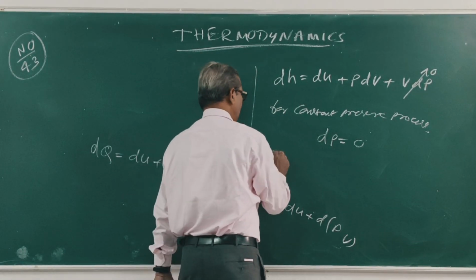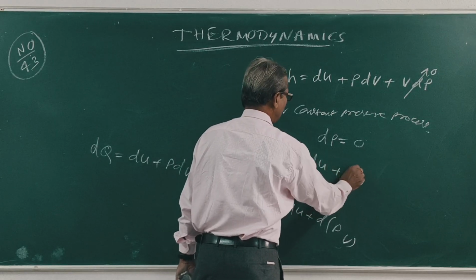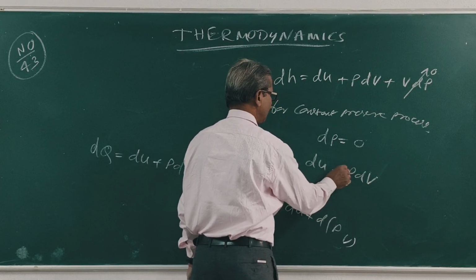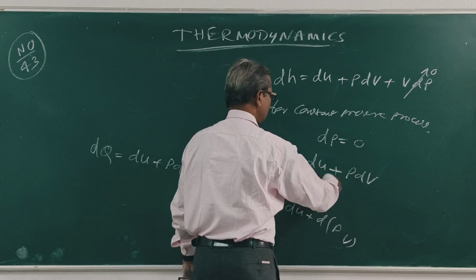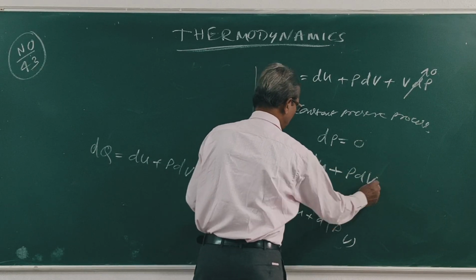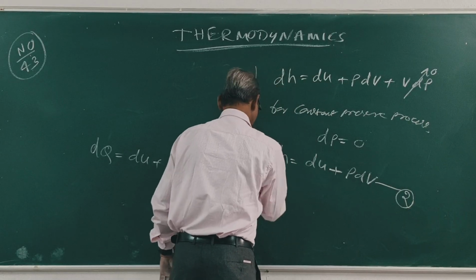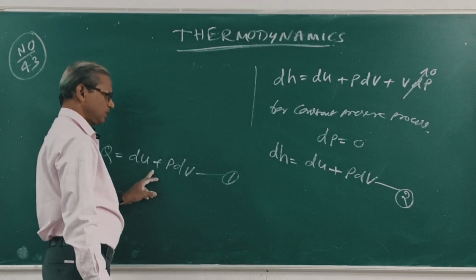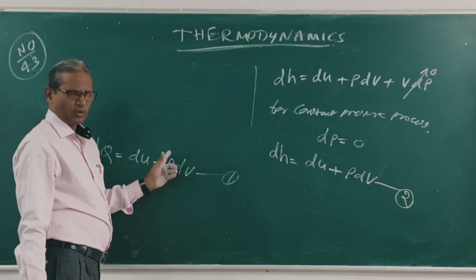So dH is equal to dU plus PdV. This is Equation 2, and this is Equation 1. Both right sides are equal, so the left sides are also equal.